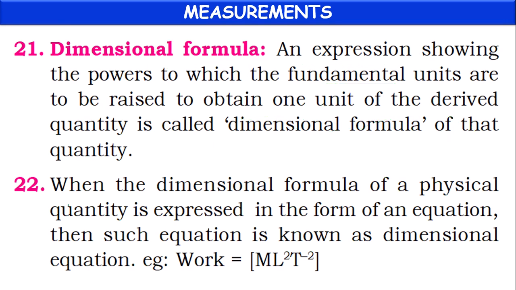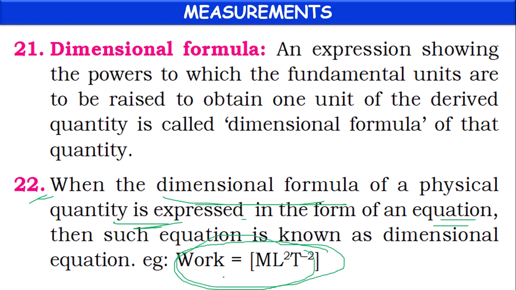Next, when dimensional formula of a physical quantity is expressed in the form of equation like this: work equal to M1 L2 T minus 2, like this complete expression, this is called dimensional equation.